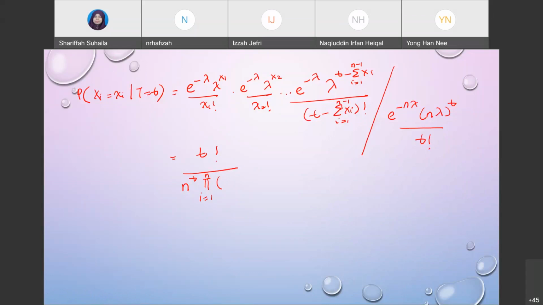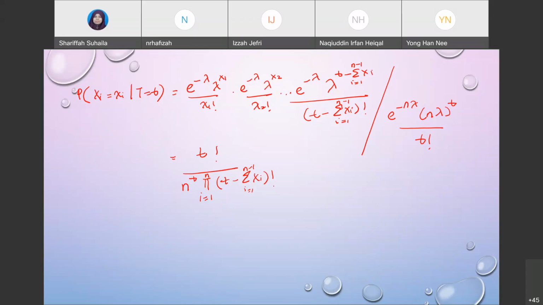Okay, so kita dah cancel exponential negative n lambda.